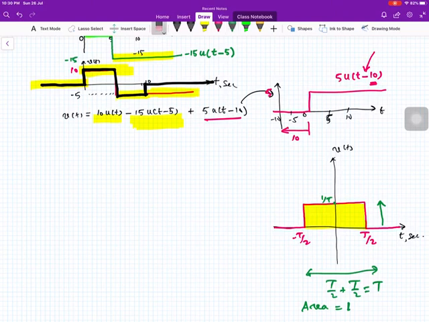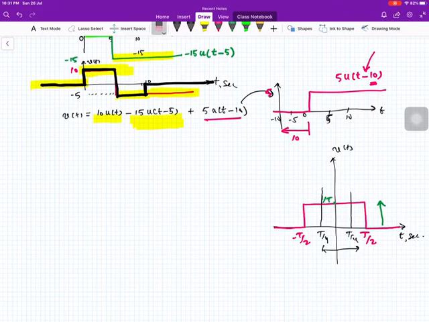Now, if we reduce the width to t by 4 and t by 4, the width is then t by 4 plus t by 4 is t by 2.